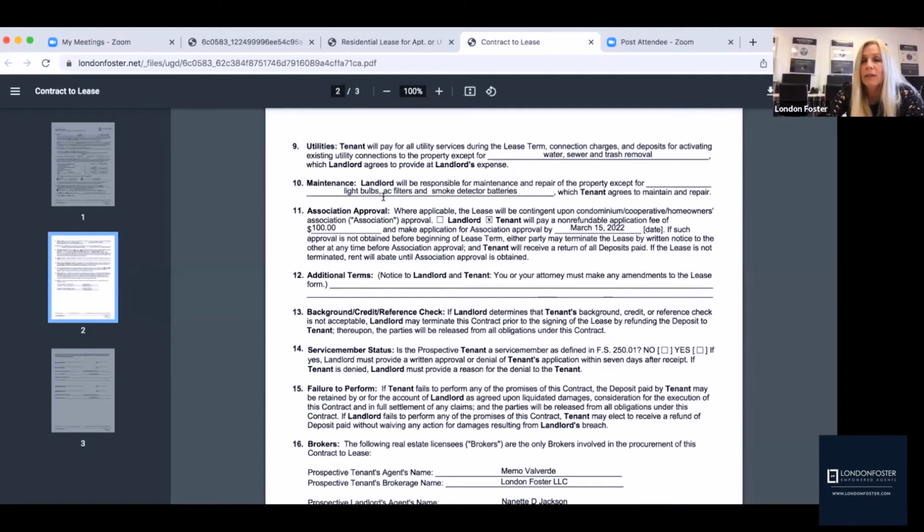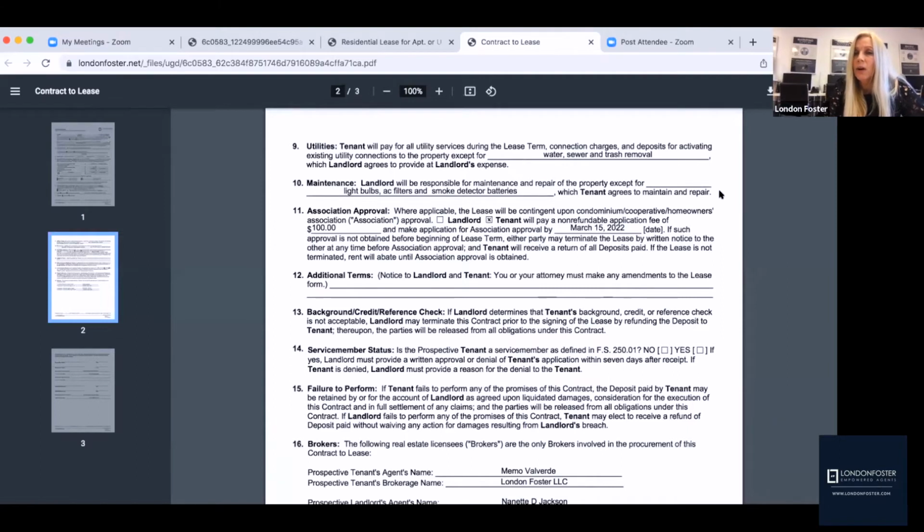AC filters, if they have AC filters, it's usually the tenant's responsibility, either once a month or every 3 months, whatever the owner wants you to do to change those AC filters. They can easily buy those at Publix, Walmart, Ace Hardware, anywhere they can pick up an AC filter. And also the smoke detector batteries. On my listings, I generally change the smoke detectors every time I get a tenant there.